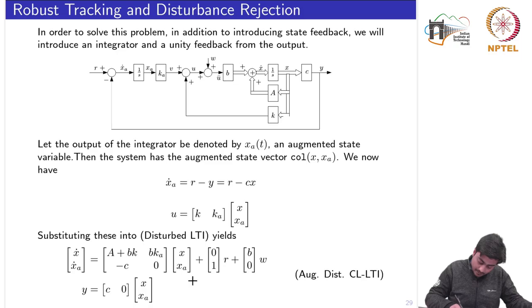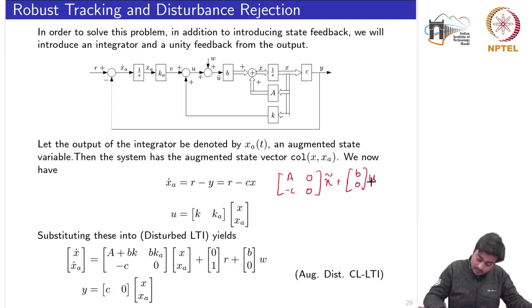Okay, now substituting this u into the augmented plant system, we would obtain this closed loop system, where by including this Ka we get this overall augmented, disturbed, closed loop LTI system, where the Kx would add into this. If you recall the A tilde matrix, it was A 0 minus C 0, this was x tilde, and we had B 0 and u.